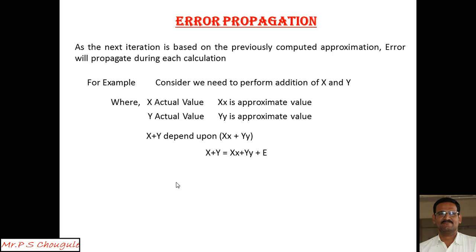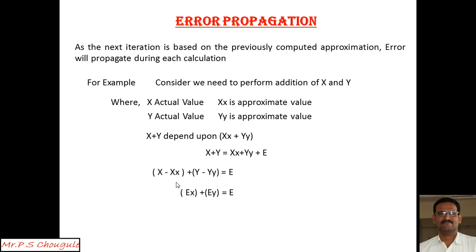If I put x plus y, the actual values, at the left side, and the approximate values at the right side, I need to add e, where e means the error. Now while summing this, by rearranging the terms, I will get (x minus xx) plus (y minus xy). Now x minus xx means actual value minus approximate value, which is nothing but the error.